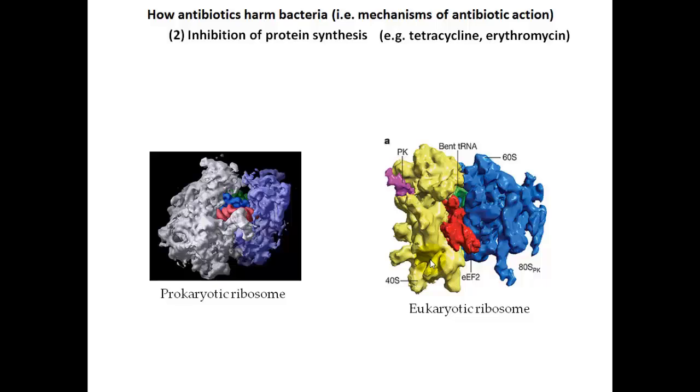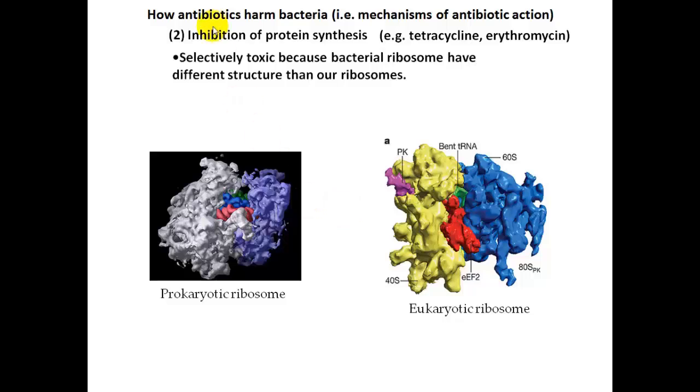And so that's the key to these drugs' selective toxicity, right? So they are able to recognize structures that you only find in prokaryotic organisms. So they recognize prokaryotic ribosomes, for example, but they don't recognize eukaryotic ribosomes. And so that's why, for the most part, these antibiotics don't harm us. So let's sum that up here.